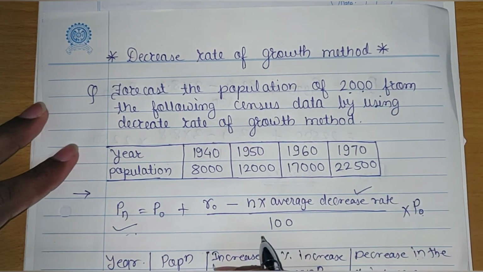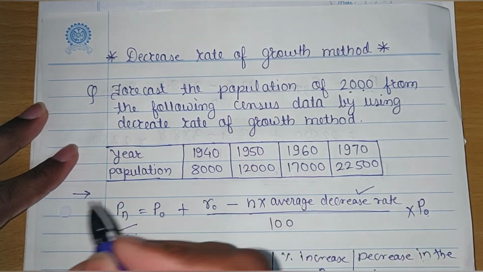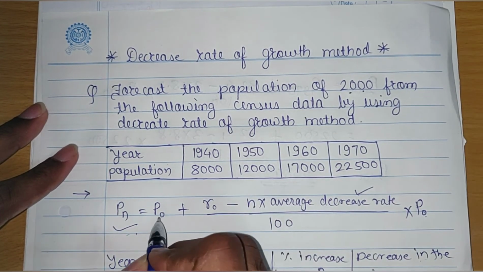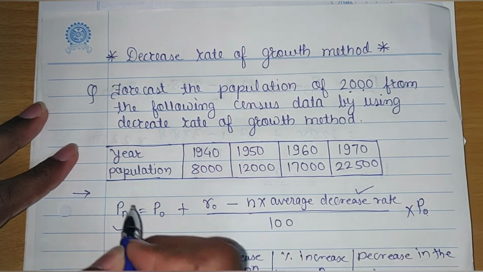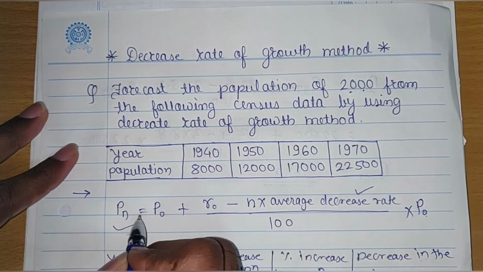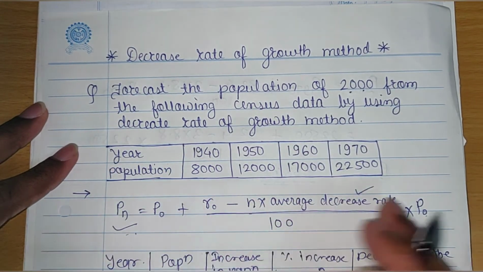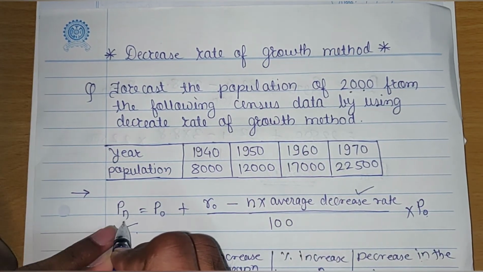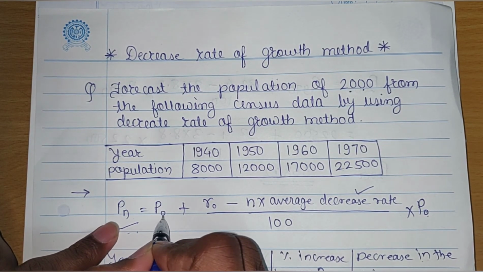In the previous method, we have seen that the P naught value is the population of the last decade. In this formula, P naught is the population of the last decade, which is given or which is not given. So if you want to find the population of 2000, then we should know the population of 1990.